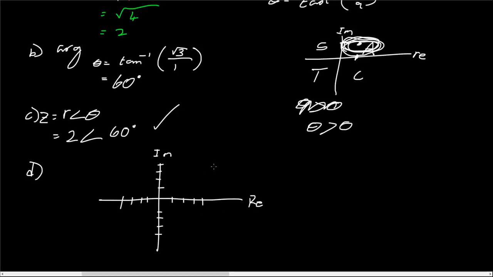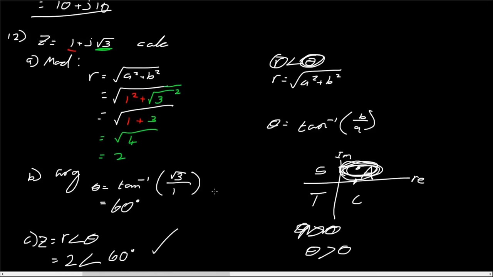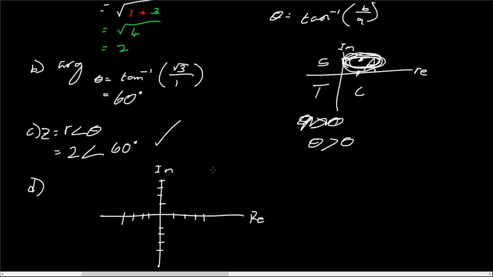So now we've got that. Let's first draw in our point, which is 1 plus j root 3. So 1 is on the real axis, and that is over here. There's 1. Root 3 is about 1.7, so it sits there. So let's draw that in. There's our point. And we draw our line to that point.